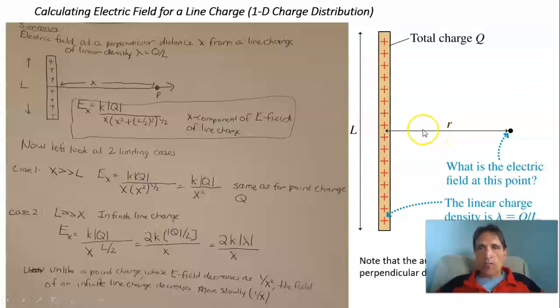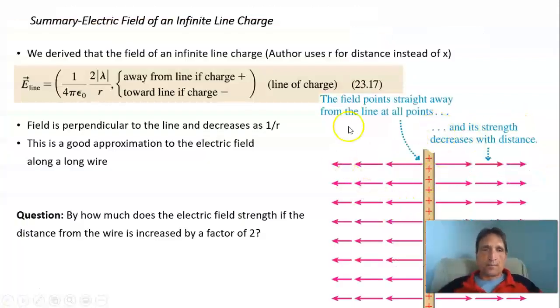In other words, L is much longer than what we called x, the distance along the x direction, or what the author calls r. Okay, so now that we're done deriving this, we can replace x by r if you want. So r is the perpendicular distance from the wire to where we're evaluating the field.